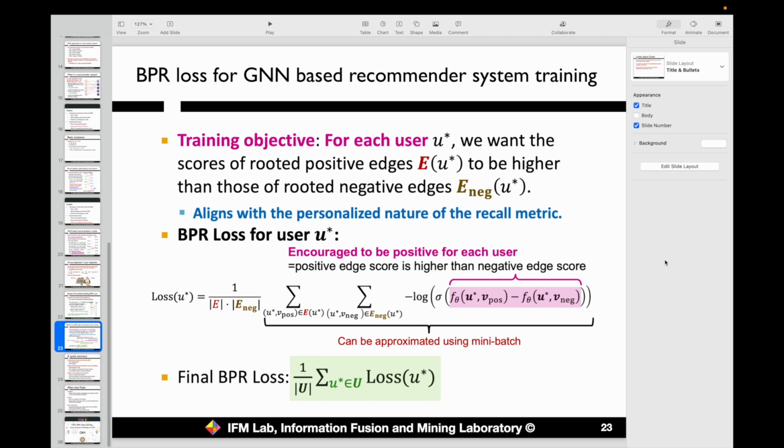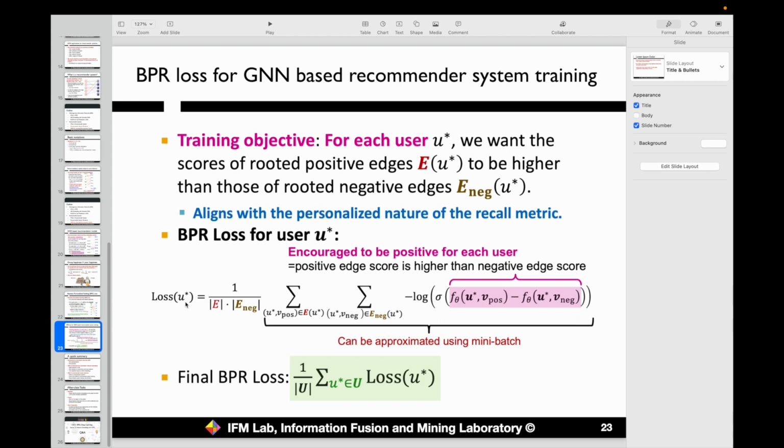For the user u star, we have both the positive set and the negative set, right? Then we want to ensure this u star will receive very high quality recommendation services. In other words, for u star, we need to ensure we are able to distinguish the positive edges from the negative ones. So we can define one loss term for u star, this user specifically. We define the loss function for u star as shown by the formula in this part.